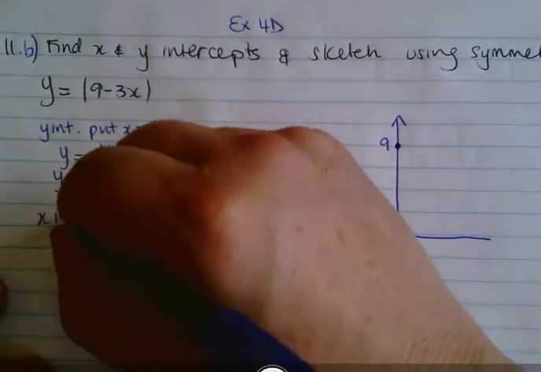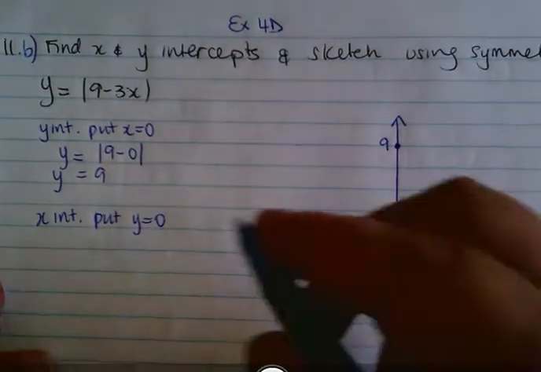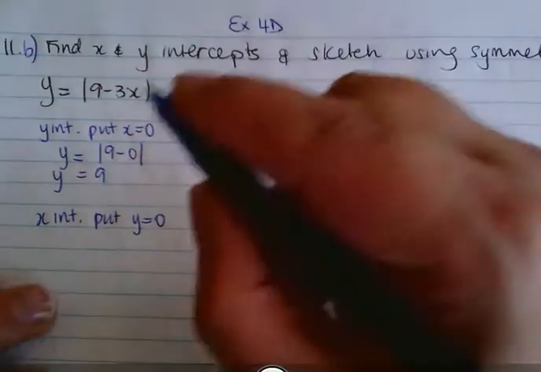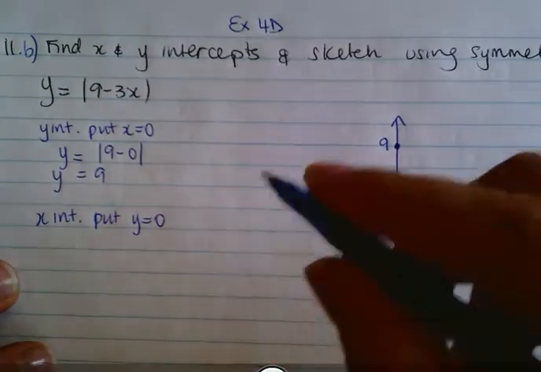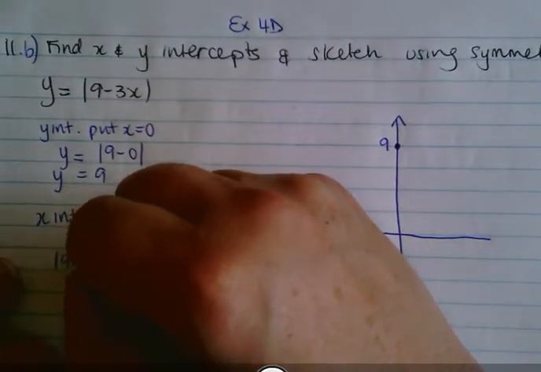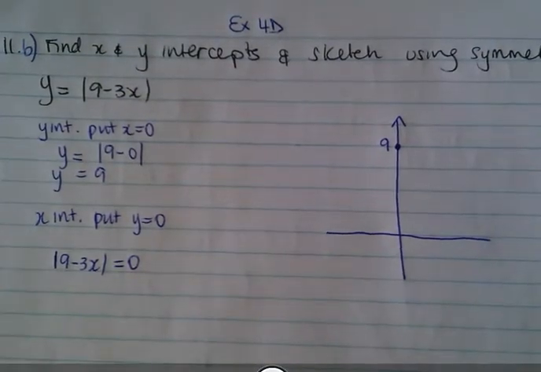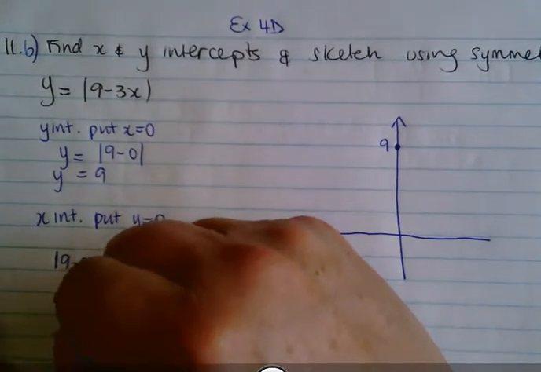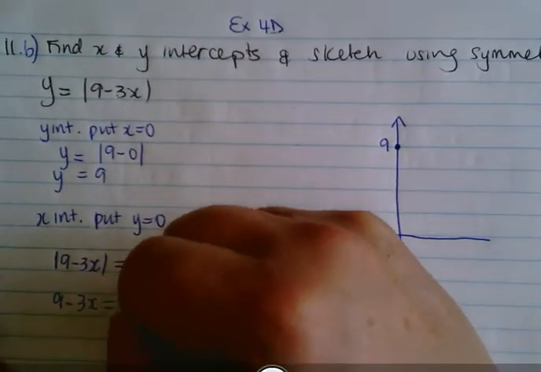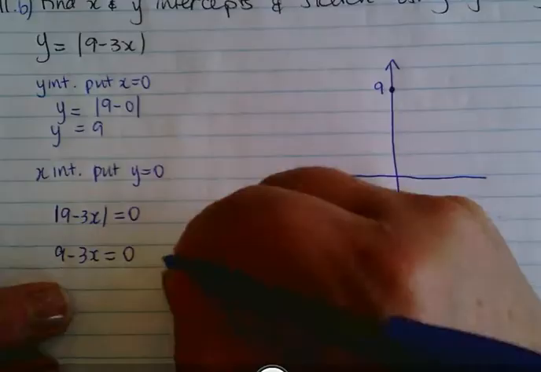So now for our x-intercept, we're going to put y equals 0. So we are solving the absolute value of 9 minus 3x equals 0. So that means that 9 minus 3x, just using the first case where that's positive, has to equal 0. That's using cases, if 9 minus 3x is positive.